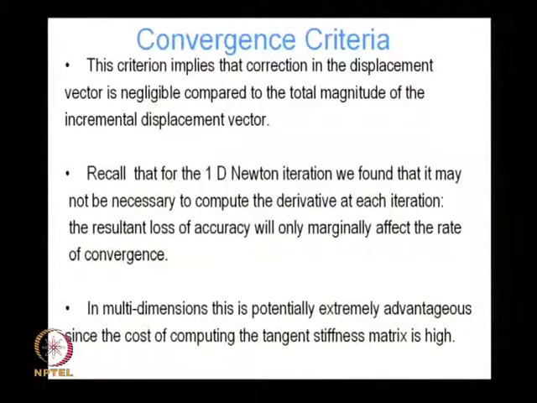You can see that if we perform an exact Newton iteration, then we have to compute not only the tangent matrix at each iteration, we have to invert it also, right. I gave an example: suppose I am moving from increment 5 to increment 6 and I have taken 40 iterations.